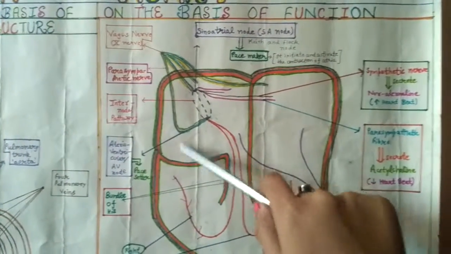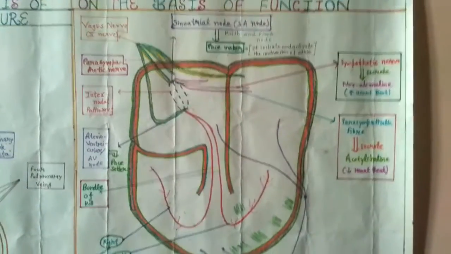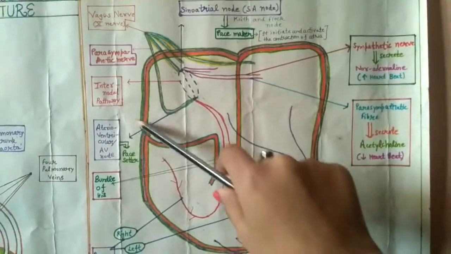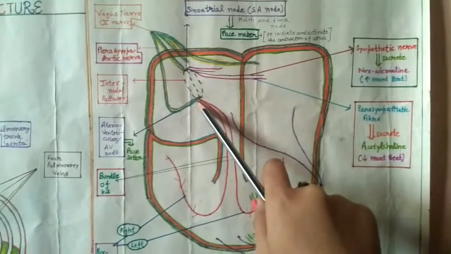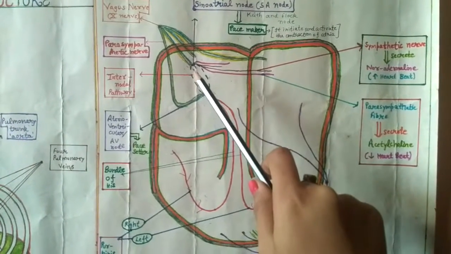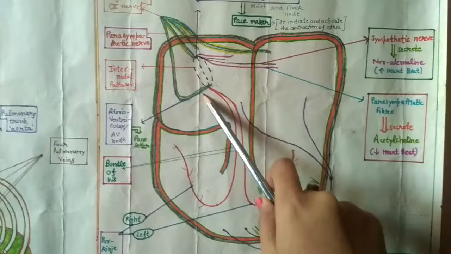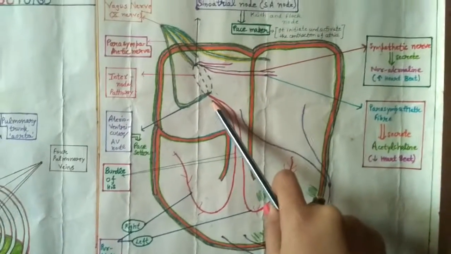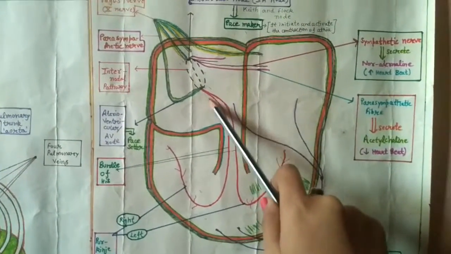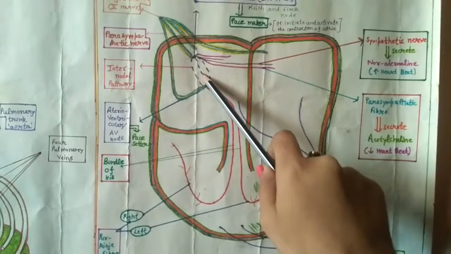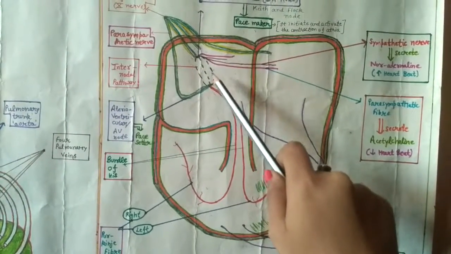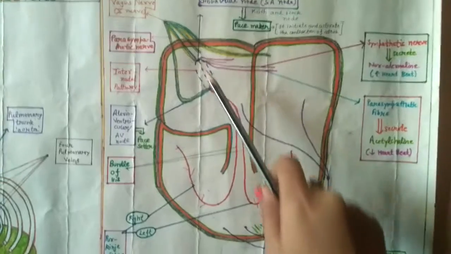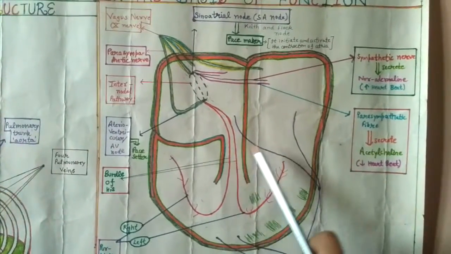So we can also change the sinoatrial node. One important thing is that if this atrioventricular node is damaged, one very dangerous disease can occur, which is heart block, due to which electrical signal cannot pass from the sinoatrial node toward the bundle of His.